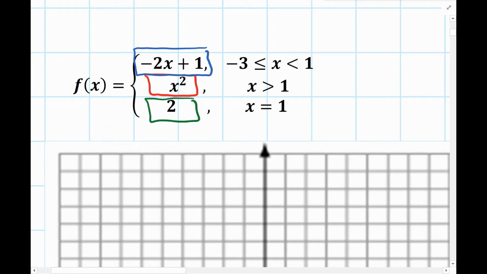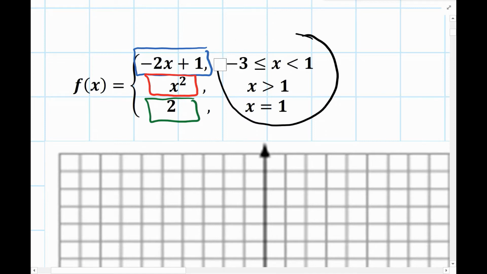And you're taking this graph and then restricting it based on what you see over here at the very end. Okay, this part at the very end is basically telling you how to cut off these graphs. And I'm going to show you how this works in just a minute.